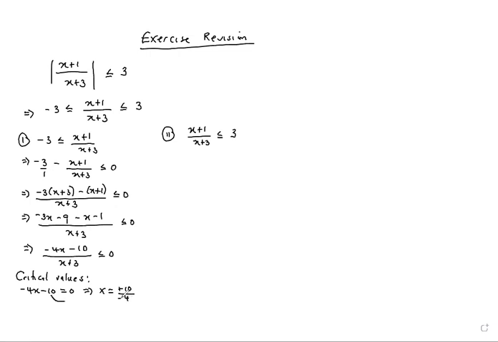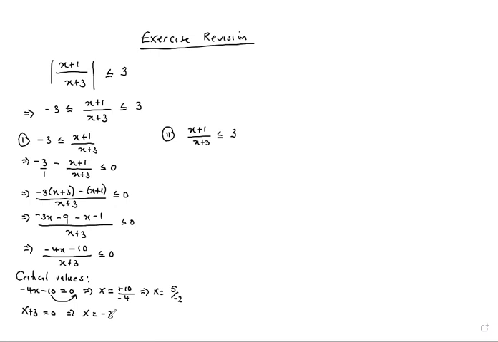Now this 10 will go this side as a positive number. Then you divide by -4 and obtain x is equal to, 2 can go in both, so you get 5 over -2. Then x plus 3 equated to 0 will give us x is equal to -3.